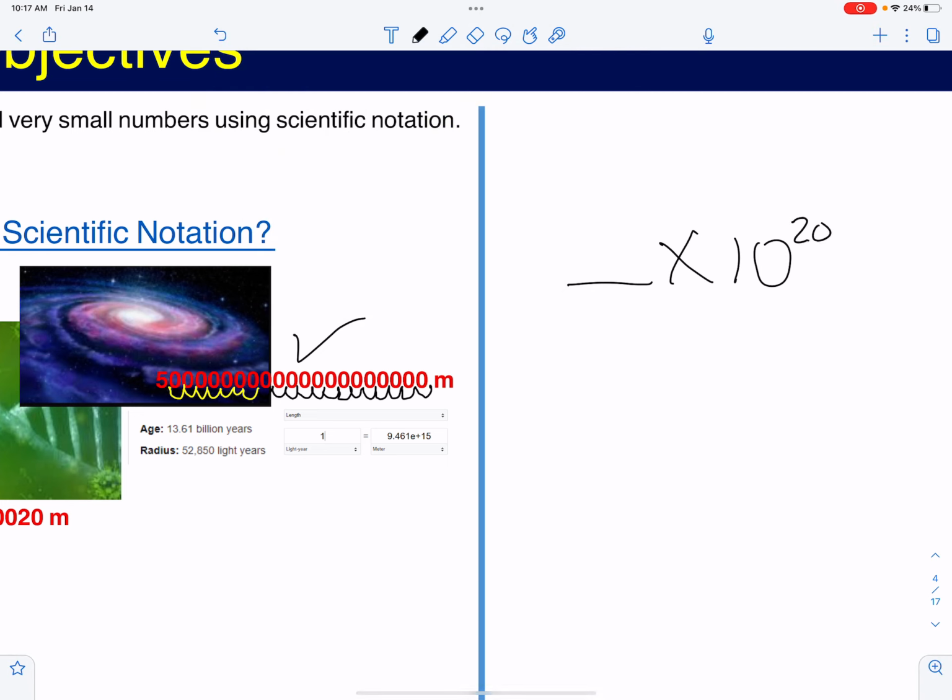We know it's positive because the number was bigger than one when we started. And by the time we finish, we're going to put 5.0. Do we have to put every zero in there?